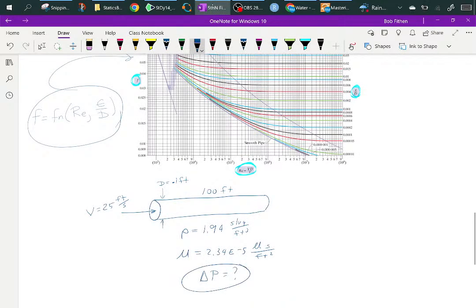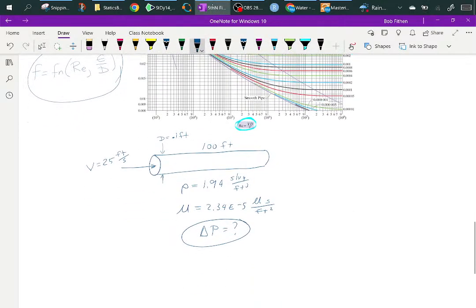I don't know. So what you do is you write Bernoulli's equation. Okay, this is going to be listed at 1. That's going to be listed at 2. We're going to say we're on ground. Gravity is this way. So P1 over gamma plus Z1 plus V1 squared over 2G. Now, this is the key. The Darcy-Weisbach equation looks like this.